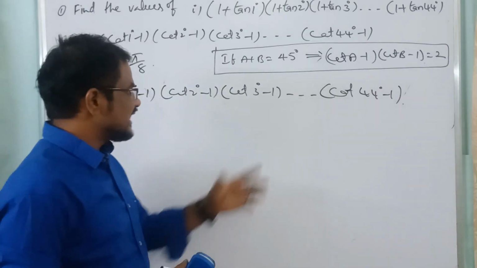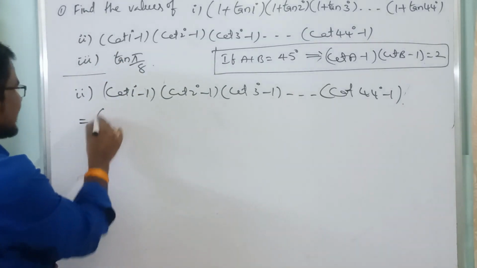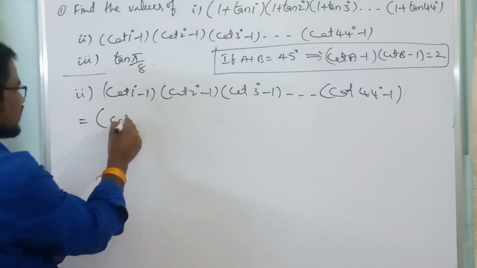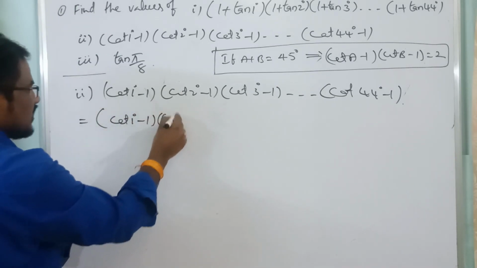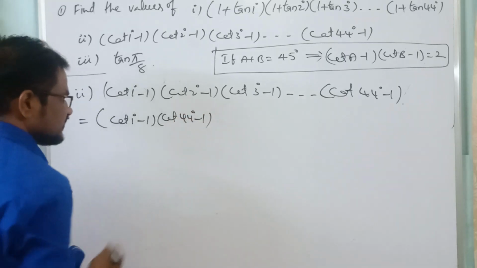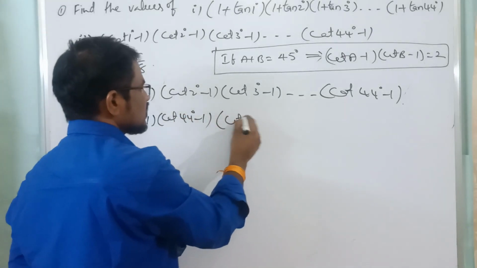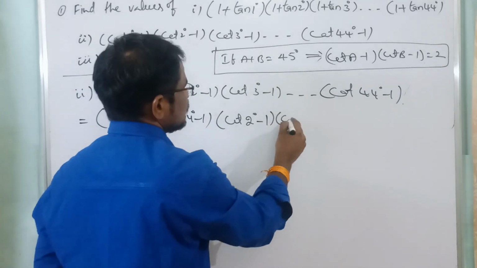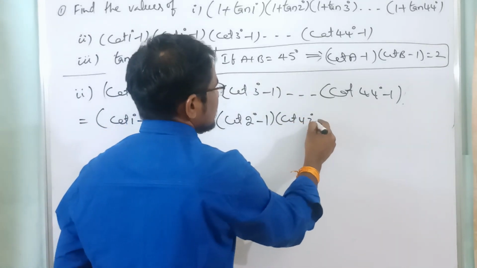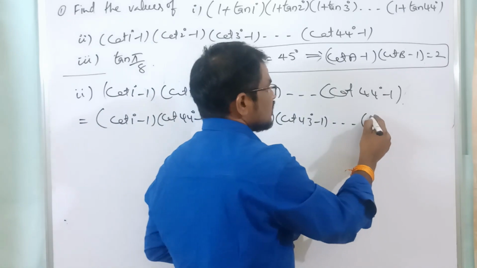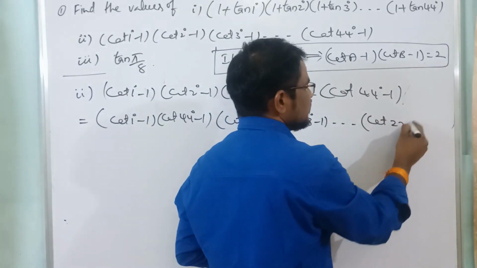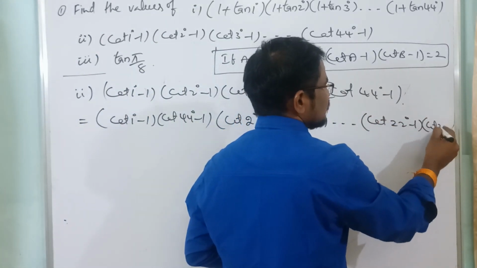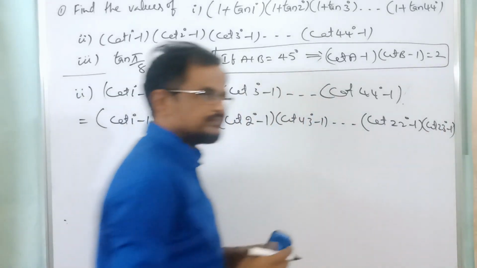Here also, like the previous problem, we have to take cot 1 degree minus 1, cot 44 minus 1, into cot 2 degrees minus 1, into cot 43 degrees minus 1, so on, cot 22 degrees minus 1, cot 23 degrees minus 1.